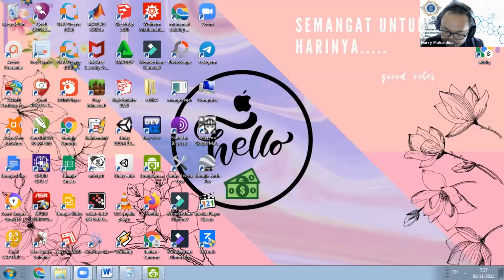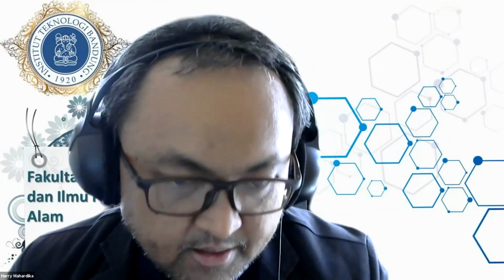Which is on time. The thing that I want to remind Herdi and all of the presenters here: if you are going to show a certain figure or you want to emphasize a thing that is present in your slide, please use the pointer, or at least use the arrow or the mouse.